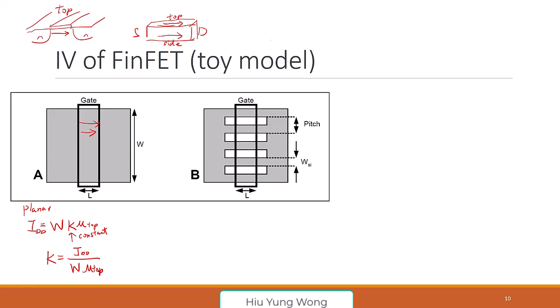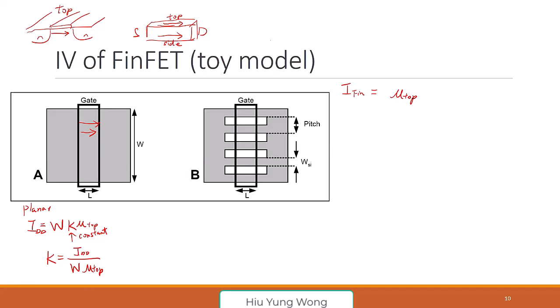Now let me calculate the current in the FinFET. Let me put it here so I have more space. First of all, these are the fins. So first of all, I have the top surface electron.